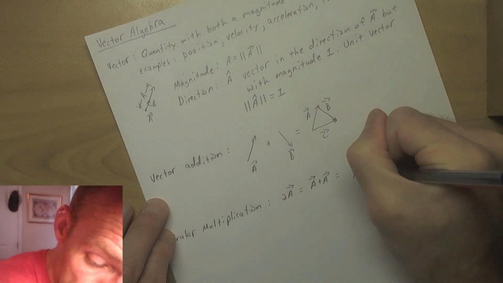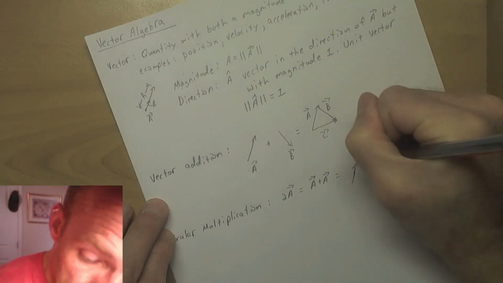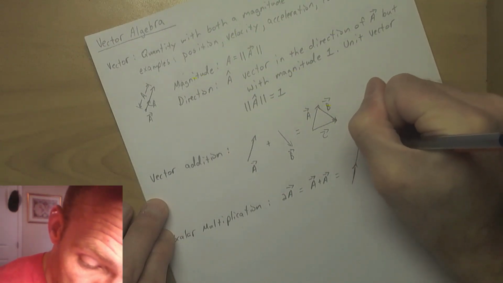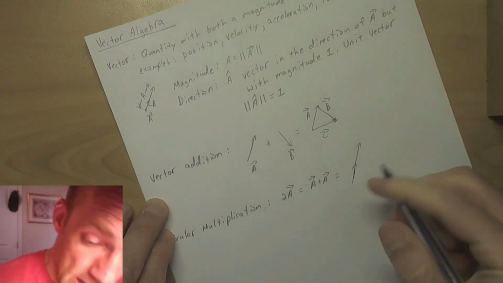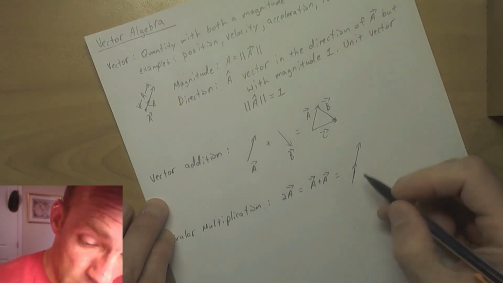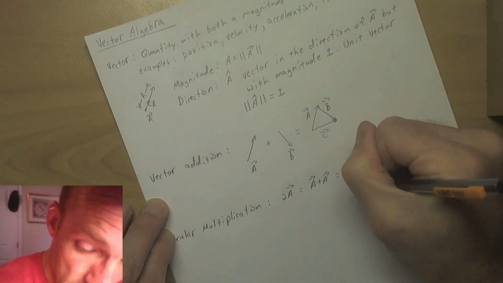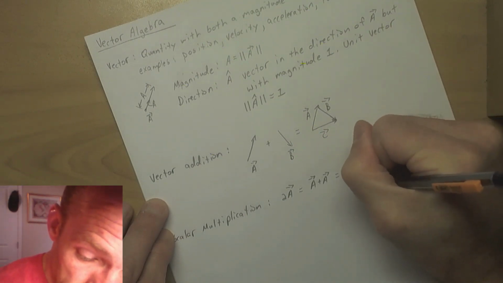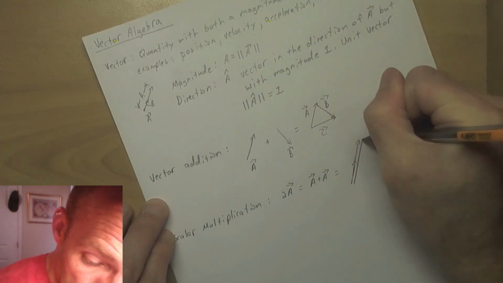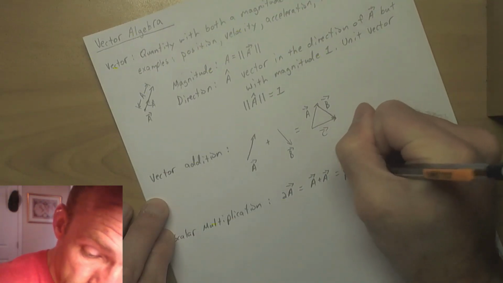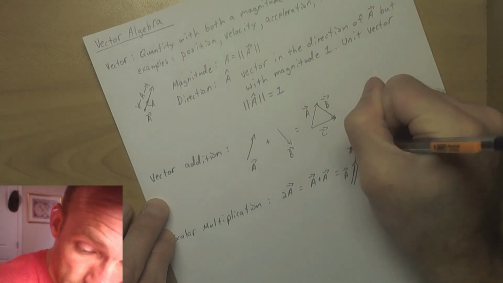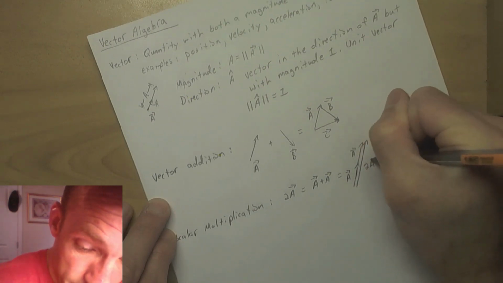So if this is A, I join another A, and so the result of 2A would be this vector. So this is A, this is A, and this would be 2A.